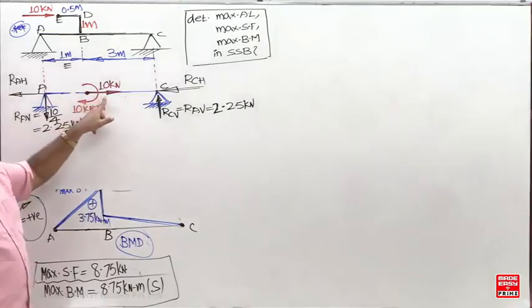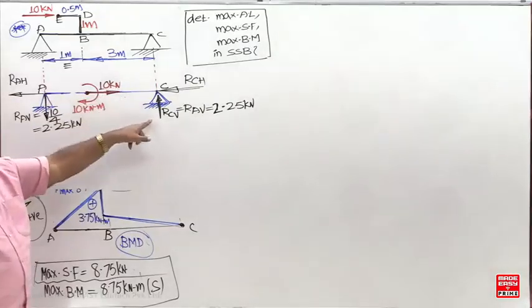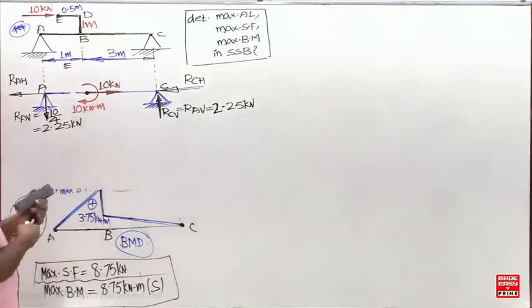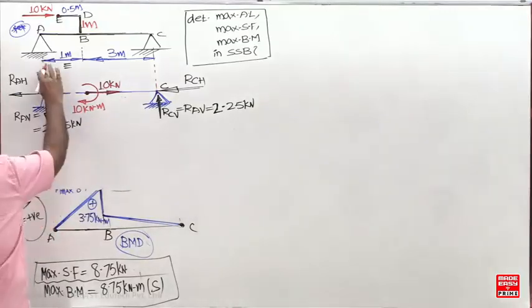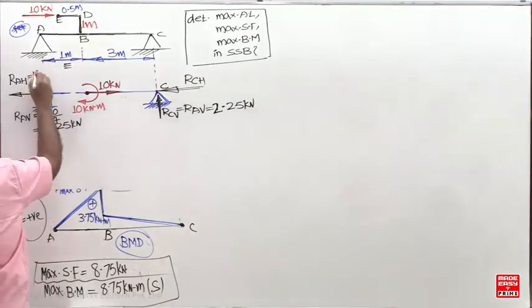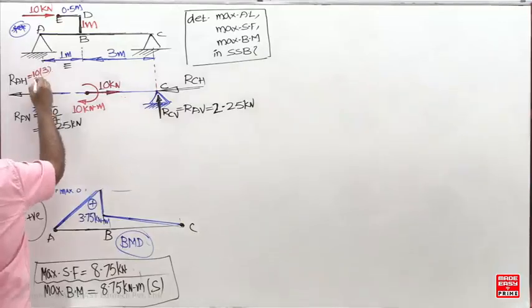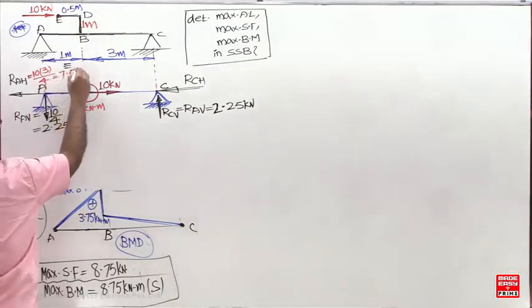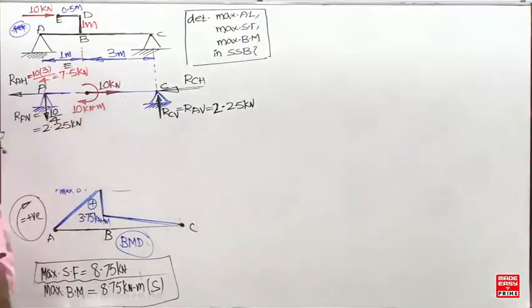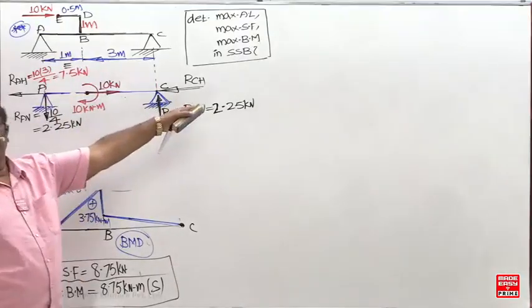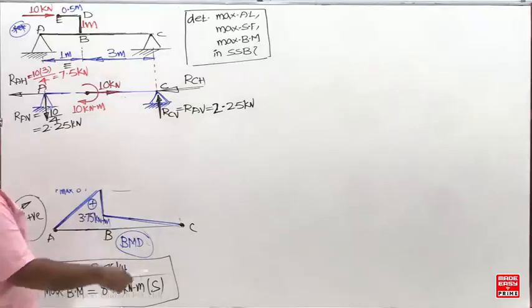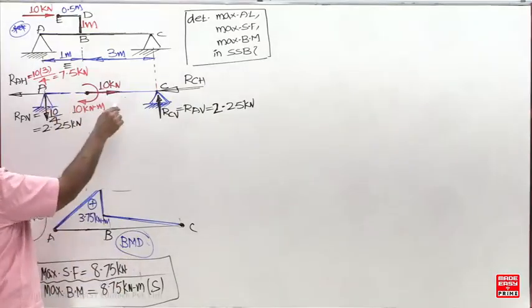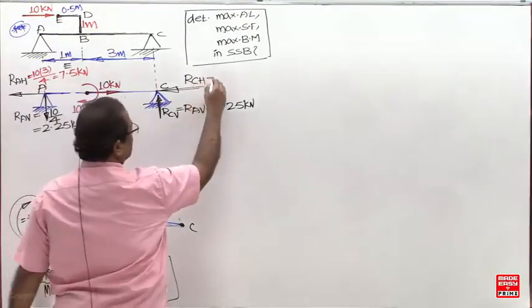Opposite direction, therefore plus. What is the distance from the other end? 3. So 10 into 3 upon 4, 7.5. And what about this reaction? The sum of the reactions should be 10, therefore this should be 2.5.